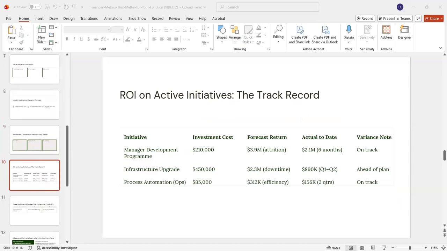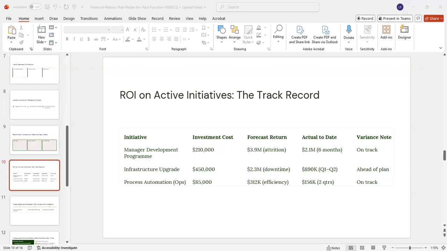Now that you have set up the benchmarking, you can now focus on presenting the ROI on ongoing active initiatives, right? Remember that when you submitted your proposals, you presented an ROI number, and what you're doing now is for each investment approved in the large budget cycle, you're going to compare the actuals to date to the forecast that you presented in your proposal.